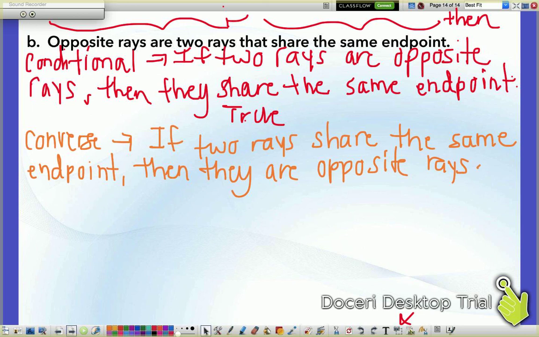Okay, that's true. So now I can write a biconditional statement.